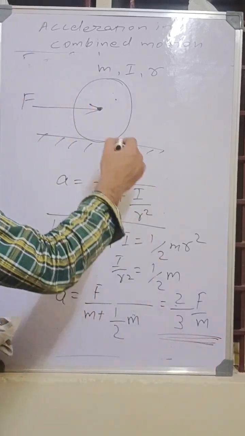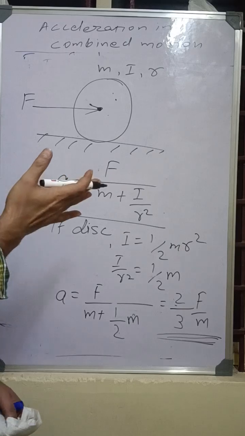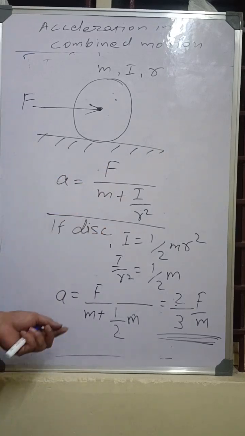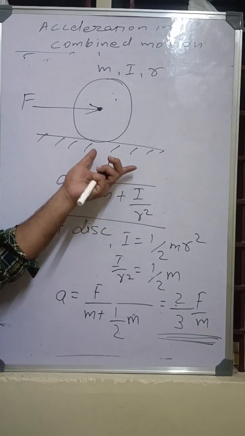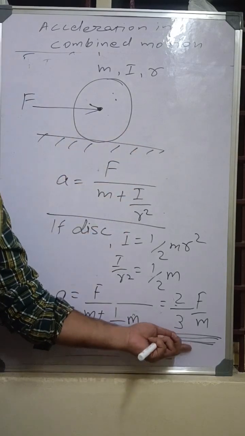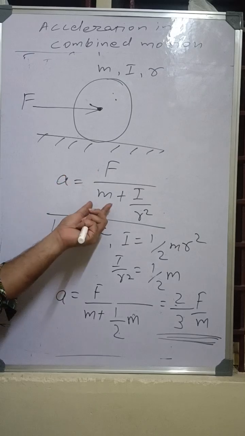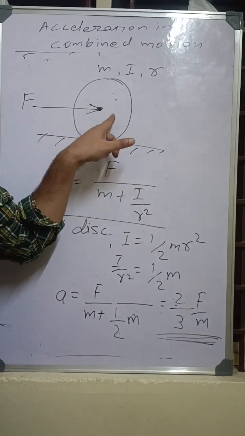If you do the same question in the conventional orthodox method, you will get this same result, and you can have it without writing the equation of motion: net unbalanced force divided by total inertia. The same body is translating and the same body is rotating.